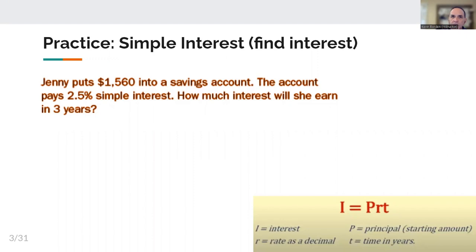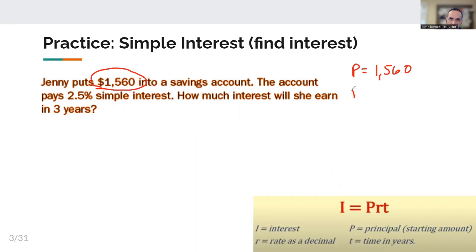All right, what I like to do in problems like this is identify the things that I know that I need. I need the principal. The principal in this case is the amount that Jenny put into the savings account, $1,560. The account pays simple interest of 2.5%.